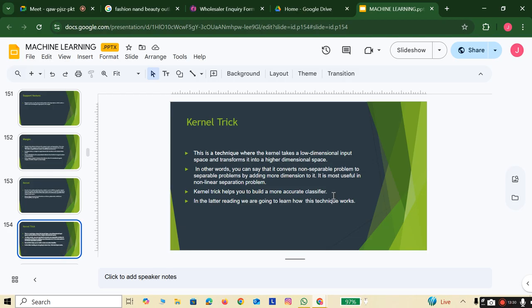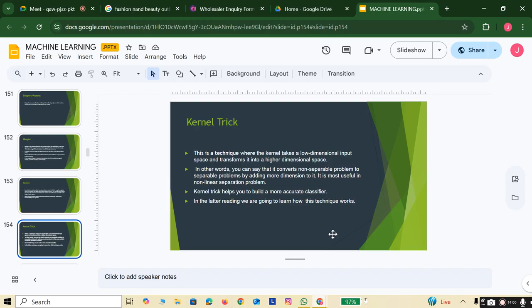So kernel trick, this is a technique where the kernel takes a low dimensional input space and transforms it into a higher dimensional space. I mean the fitting of data points. We talked of the margin being a distance between one and the other.